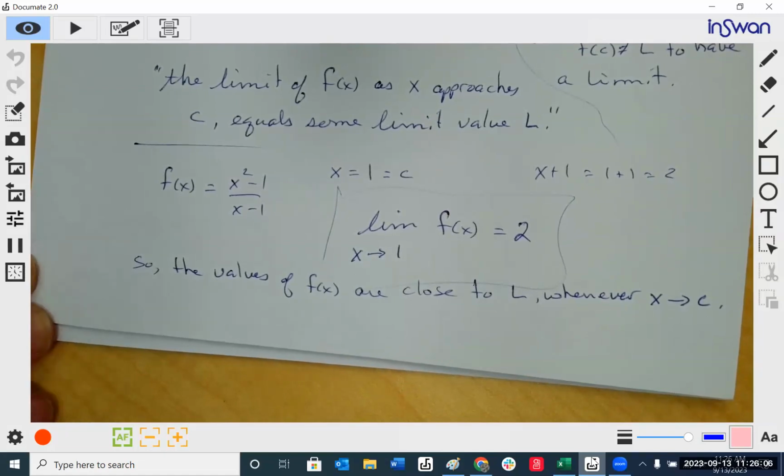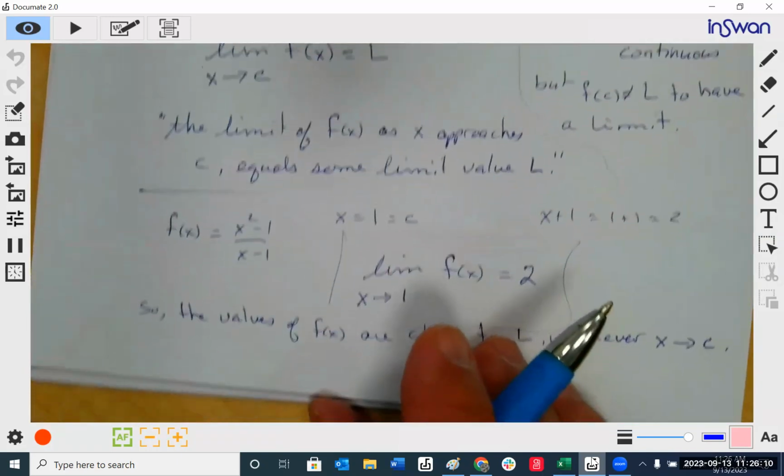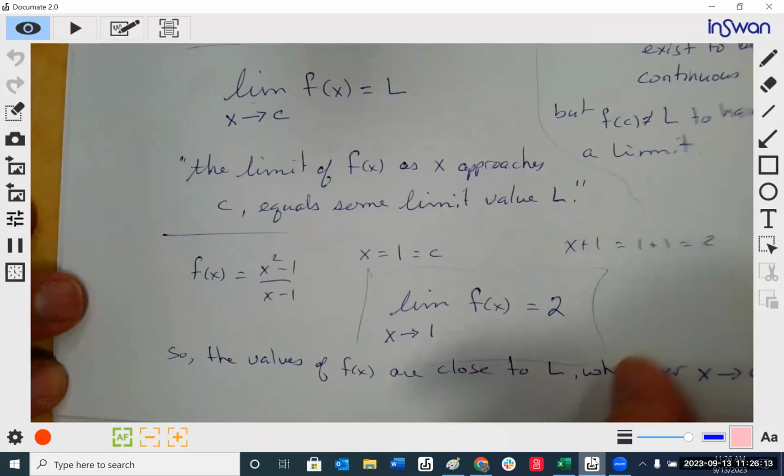So basically, I'm going to spoil the game here pretty quick. Well, let's look at example 2. I'm going to spoil it in a second.